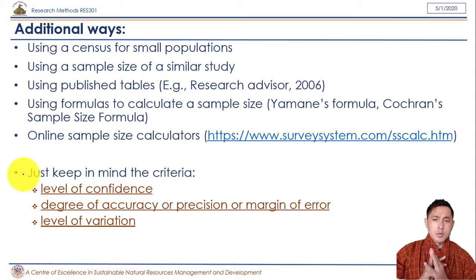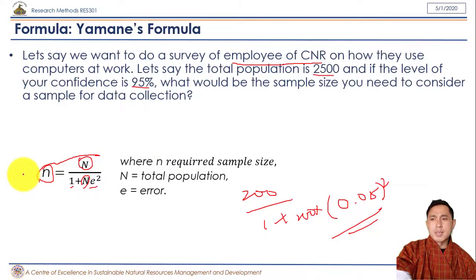If it is not more than 1000, or it is just more than 200, like 250 or 300, then if you can, take a census survey, or if you cannot, you can stick with a 50% sample size. So if you have around 500 population, you can always take around 250 respondents as your sample size. So that's it on how to calculate sample size.